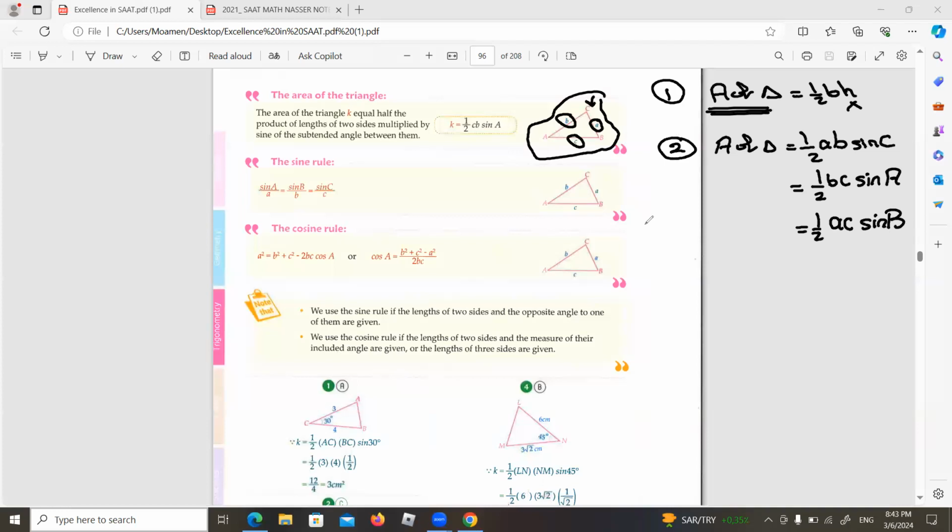So if we need to find the area of the triangle, we use one of these rules according to the givens, according to the information.